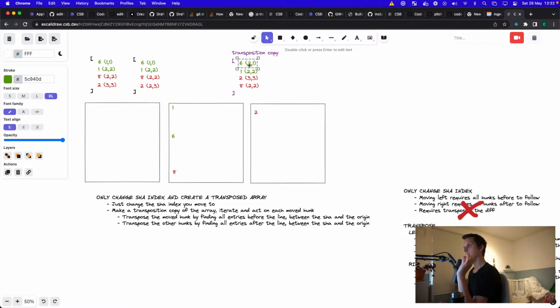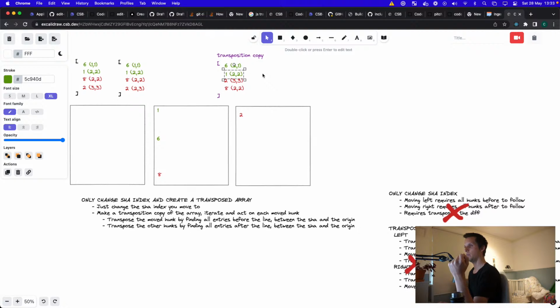So that means we need to find all lines between line 6 on SHA-1, like after line 6 on SHA-1, I think, and everything before line 6 on SHA-2, which is basically this one. And we need to transpose it.